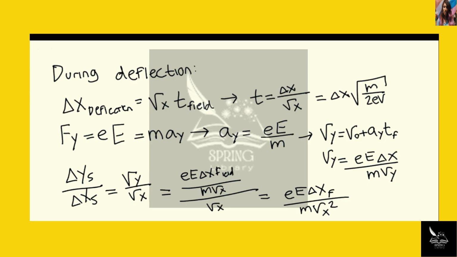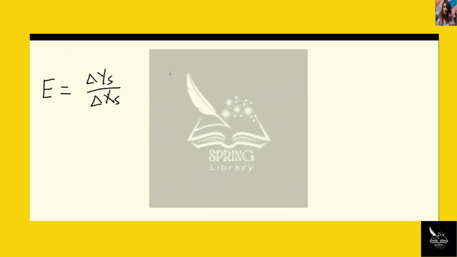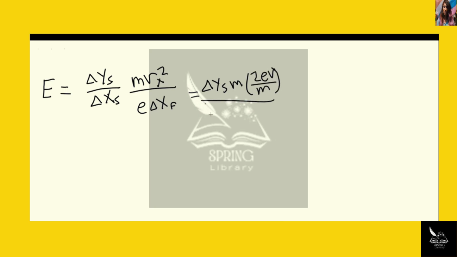So now we can solve for the electric field, it being equal to simply delta ys over delta xs times m vx squared over e delta x in the field, equals delta ys m 2eV over m, over delta xs e delta xf, equals 2V delta ys over delta xs delta xf.